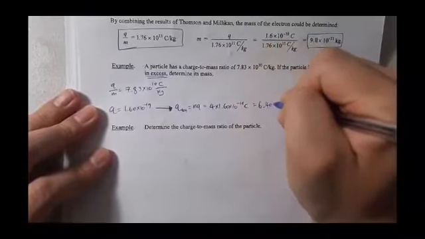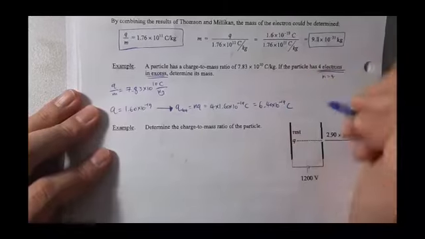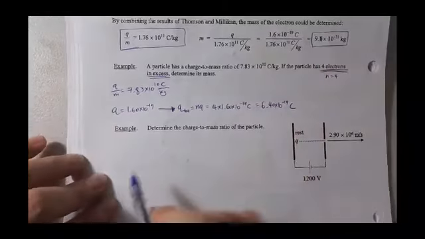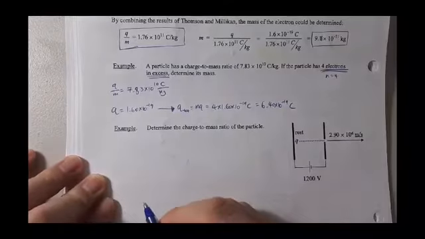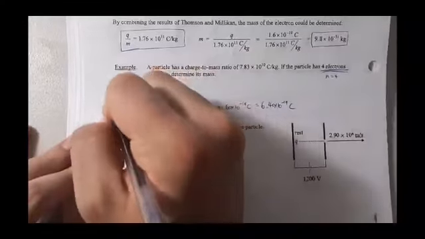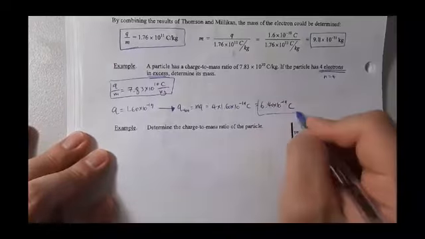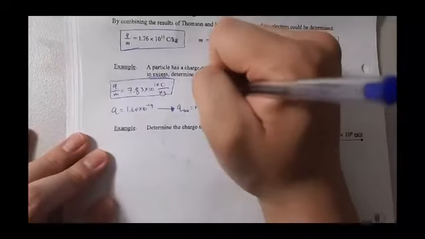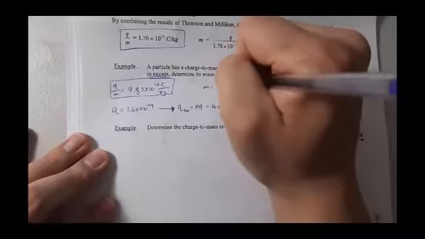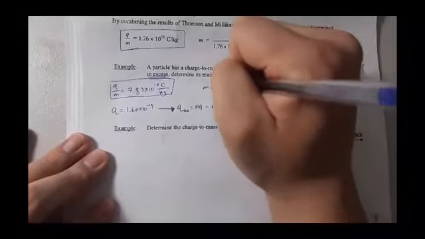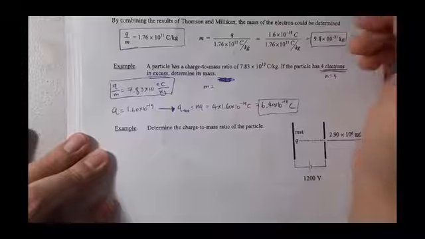As you may notice, I'm combining my clues together. It says 4 electrons in excess, so 4 times q, which gave me 6.40 times 10 to the power of negative 19. So we have the charge to mass ratio, we have the charge. So I just need to rearrange it. 7.83. Oops, sorry. I rearranged it wrong.